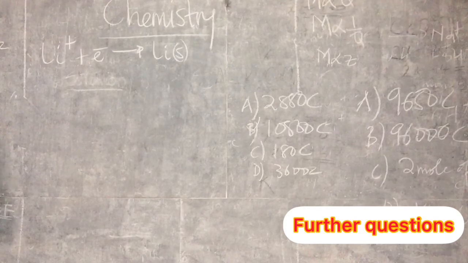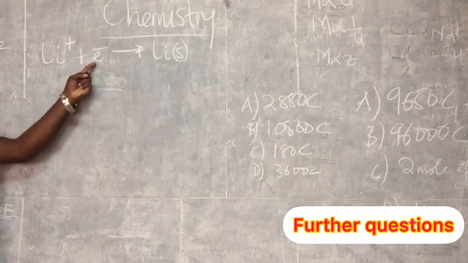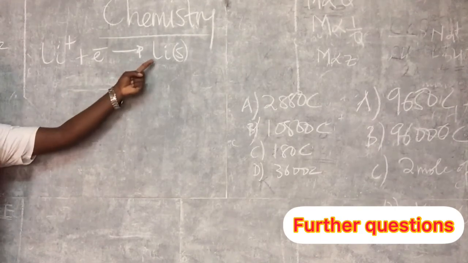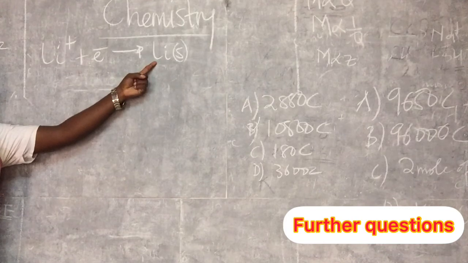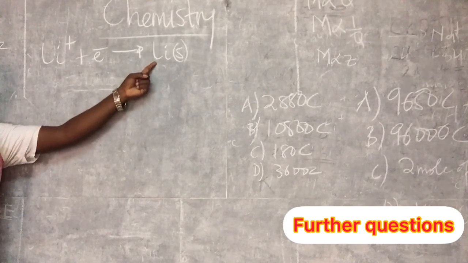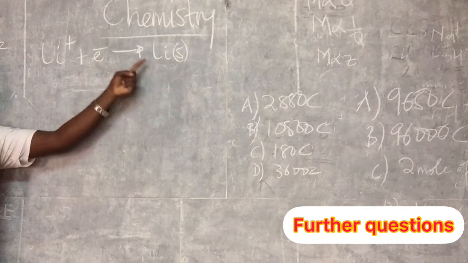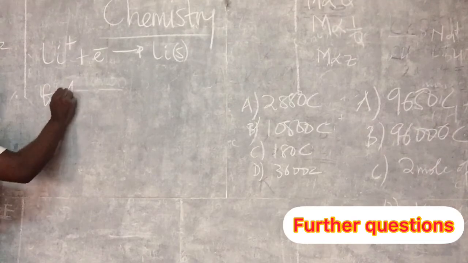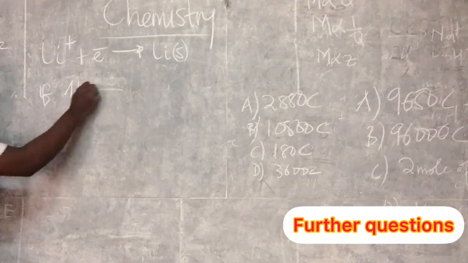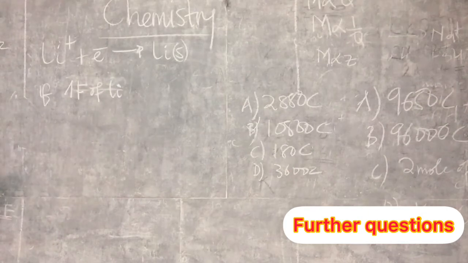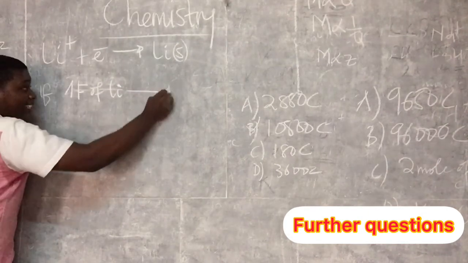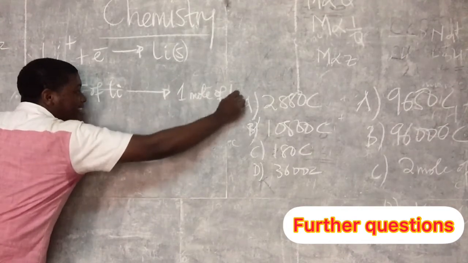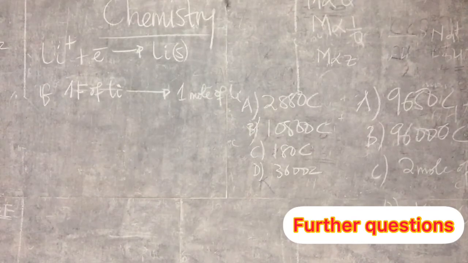Okay. Now, if lithium is gaining 1 electron, it means it is gaining 1 Faraday to form 1 mole of lithium. You see here there's 1 mole, right? So lithium is gaining 1 Faraday to form 1 mole. So you conclude like this: 1 Faraday of lithium is needed to form 1 mole of lithium.